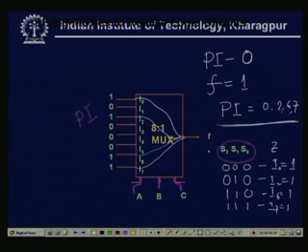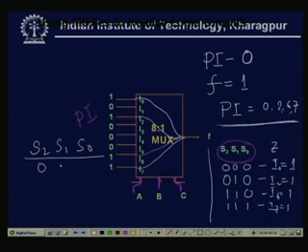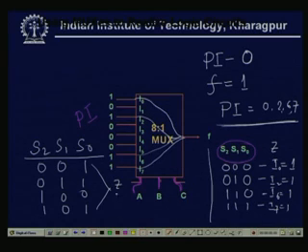That means, only these values are passed. For the rest of the values, say for 0 0 1, 0 1 1 which is 3, 1 0 0 which is 4, 1 0 1 which is 5, for these 4 values my output Z is 0.